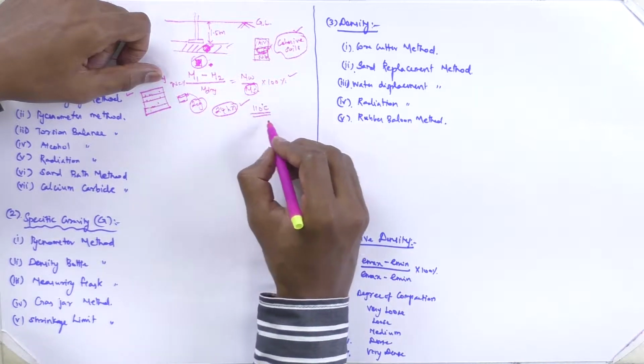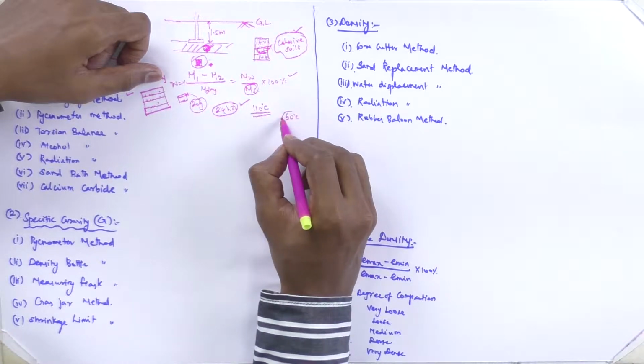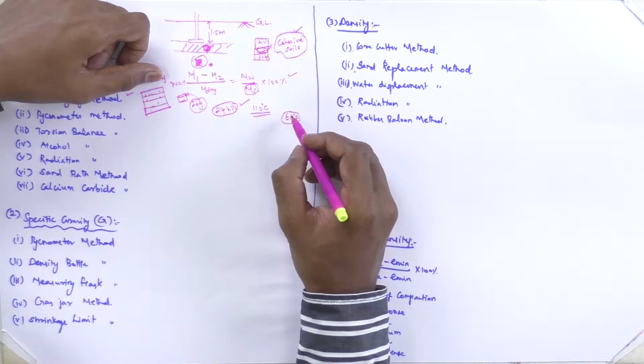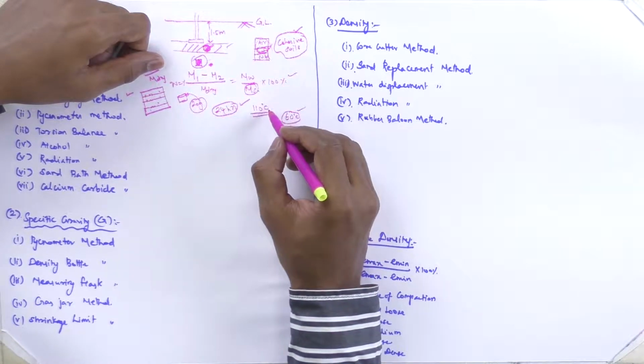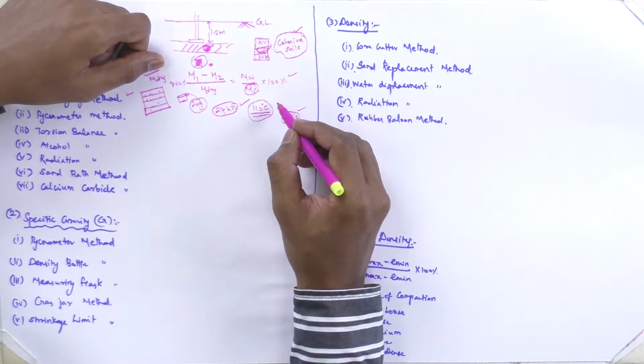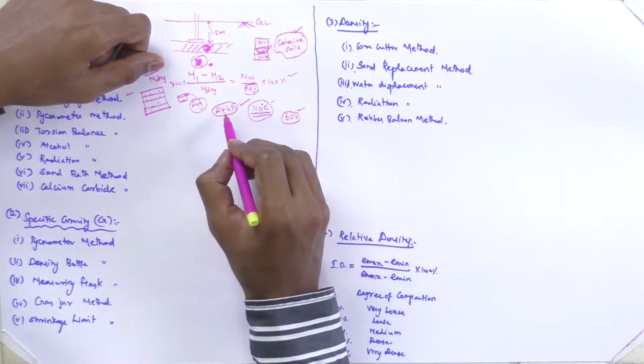If it contains any organic matter, the temperature has to be reduced to 60 degrees Celsius so that the organic content won't burn. If there is no organic content, maintain 110 degrees Celsius for 24 hours.